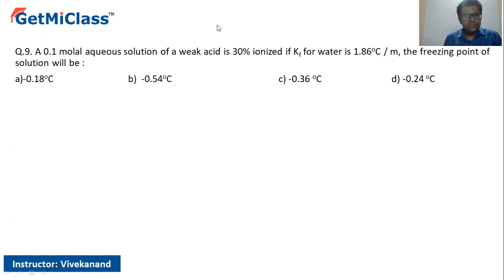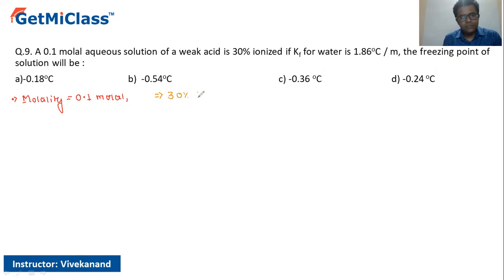Well, let's consider the entire scenario here. First, they have given us the data as the molality. So the molality is going to be 0.1 molar, right? The second point that we need to know is that it is 30% ionized.